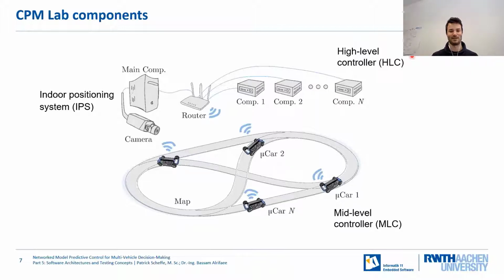But since we are working with such small cars, at a scale of 1 to 18, we decided to have the high-level processing power separate from the actual vehicle. So we have one computer for each vehicle, and these high-level controllers then plan for their assigned vehicle and send the plans again to the vehicles.